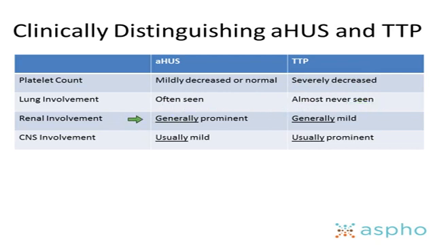The renal involvement does tend to be generally prominent in atypical HUS, whereas it's generally mild in TTP. And conversely, CNS involvement tends to be mild or uncommonly seen in atypical HUS, whereas it's usually prominent in TTP. Now, I do have to point out that these are underlined in that they're generalizations, and there are certainly exceptions to these rules.